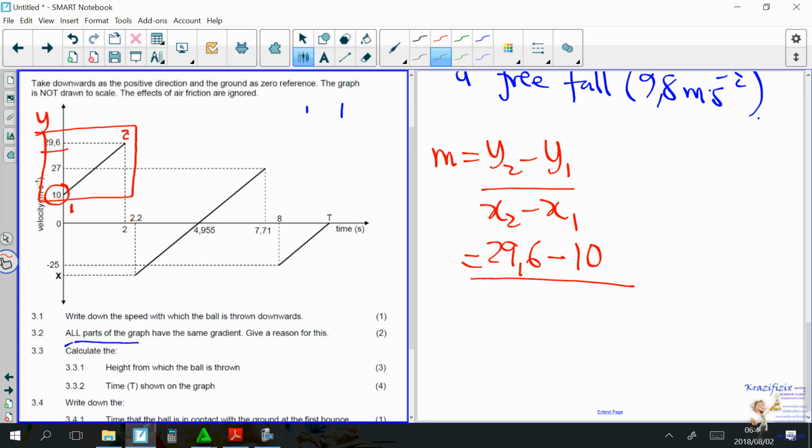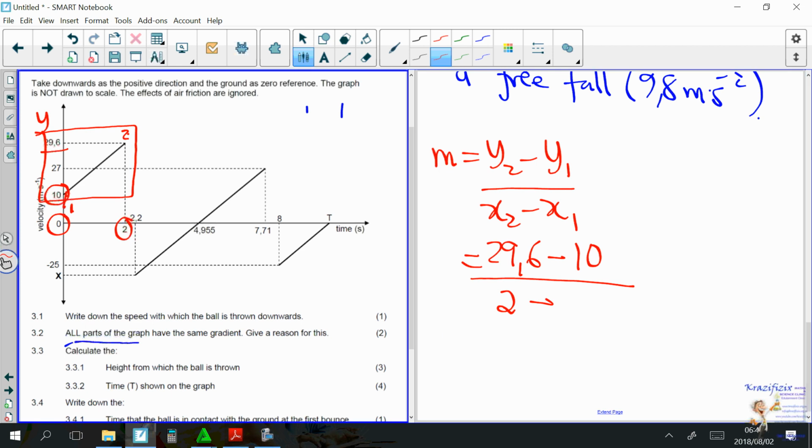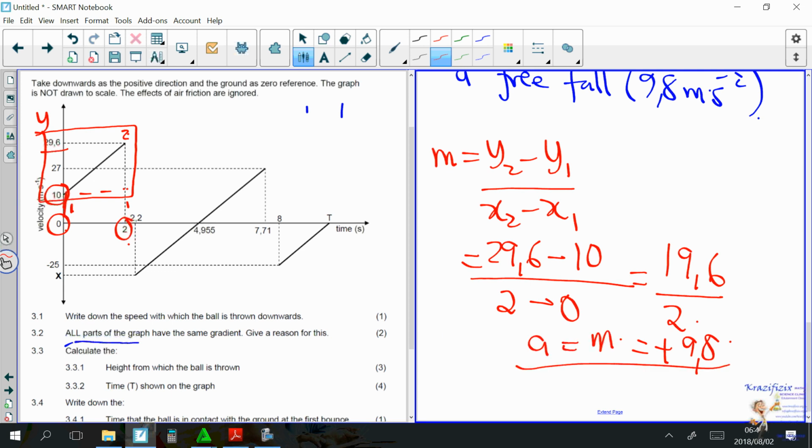Over, what's my x2? It's 2. What is my x1? It's 0, because this is my point 1. Remember mathematics. What will this give you? 19.6 divided by 2, and this would give you positive 9.8. Do you see my acceleration due to gravity there? Meters per second squared.